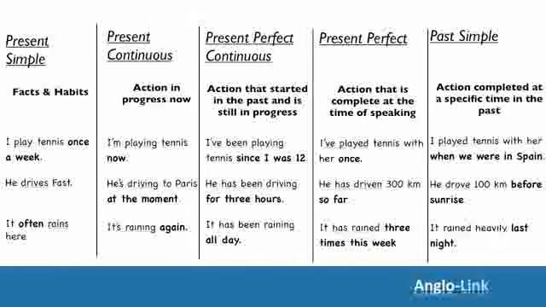Then we looked at present perfect, an action that's complete at the time of speaking. I've played tennis with her once. He has driven 300 kilometers so far. It has rained 3 times this week.